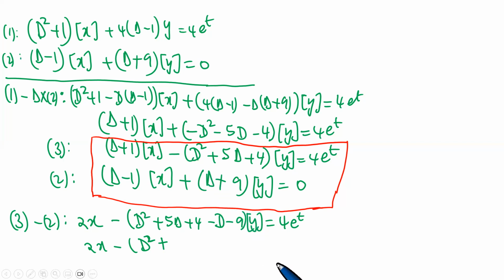Yeah, because this one already is a minus. And then now you're going to have d plus 9. Okay, so that 5d plus d becomes a 6d. 9 and 4 becomes 13.